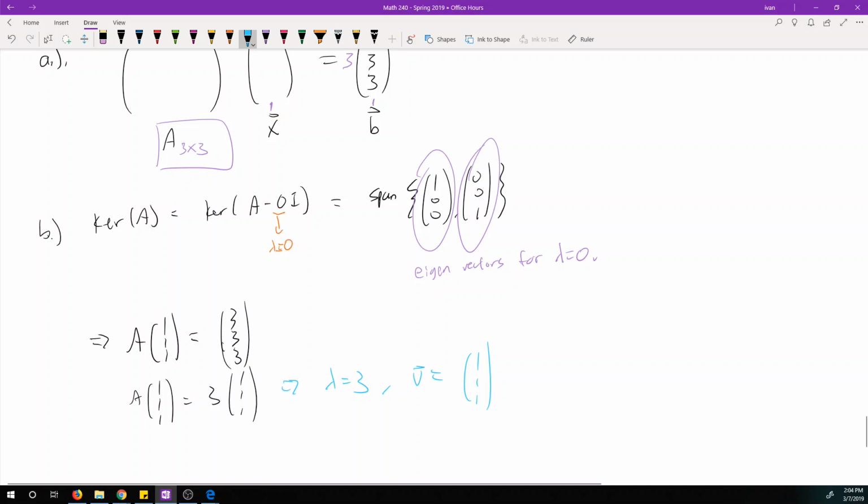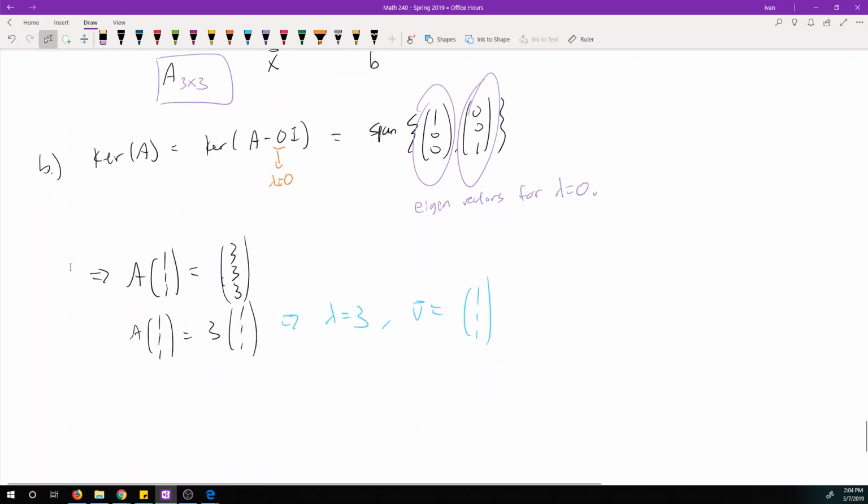Now part C: find the matrix A. Since the geometric multiplicity is equal to the algebraic multiplicity for each eigenvalue, that's quite a mouthful, we can diagonalize our matrix.